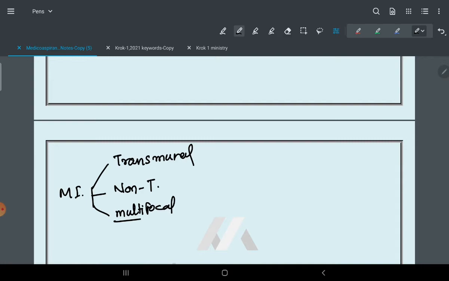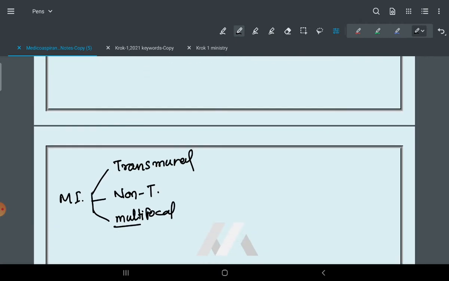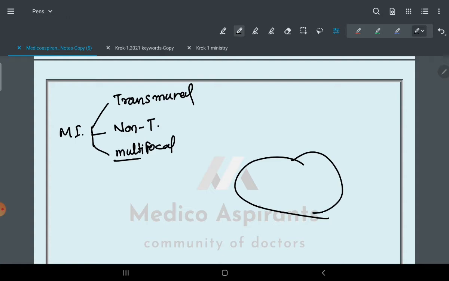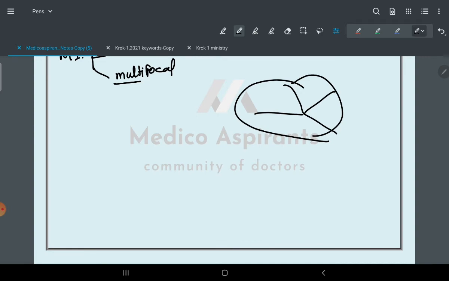So here it is saying, what does it mean that there is an intramural problem? See guys, we have the heart. Okay, this part. Now let me tell you that I'm talking about this part only. It's the left ventricle. You can assume this as the wall of the heart.